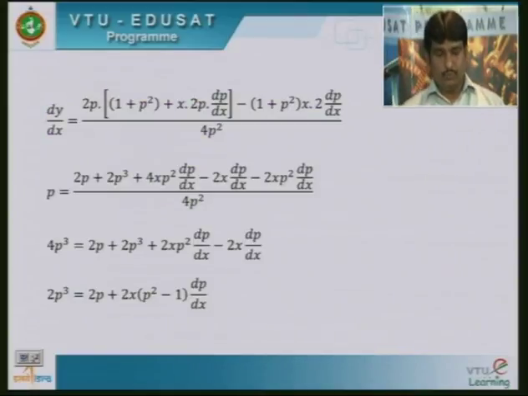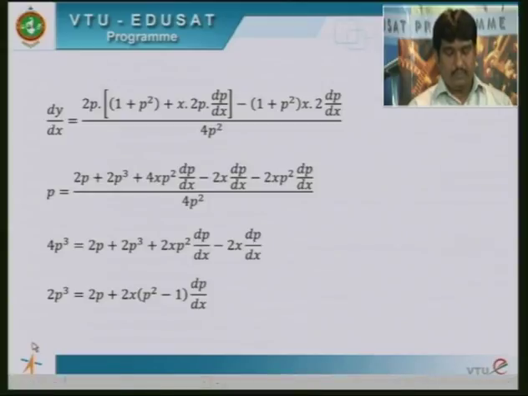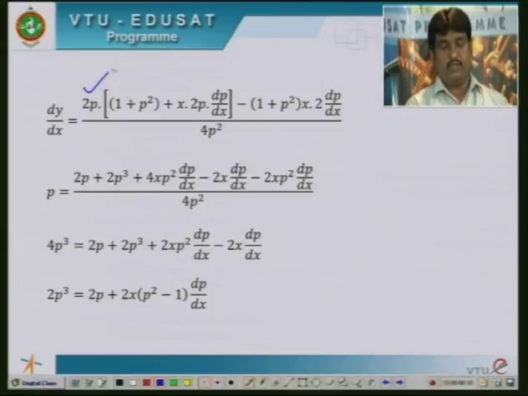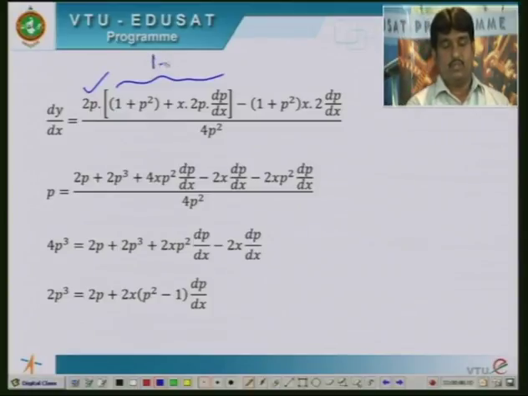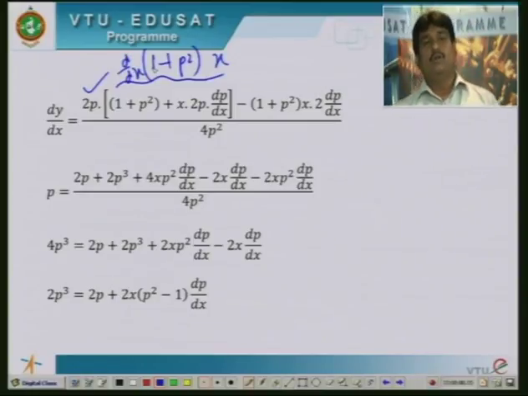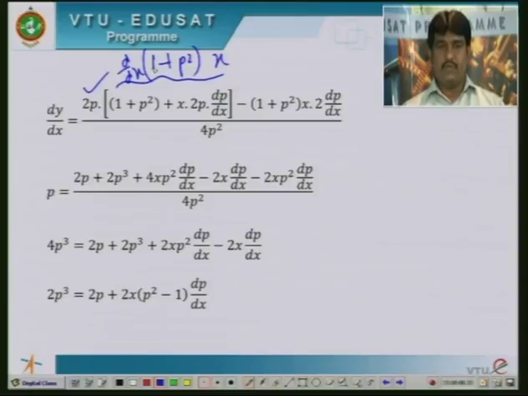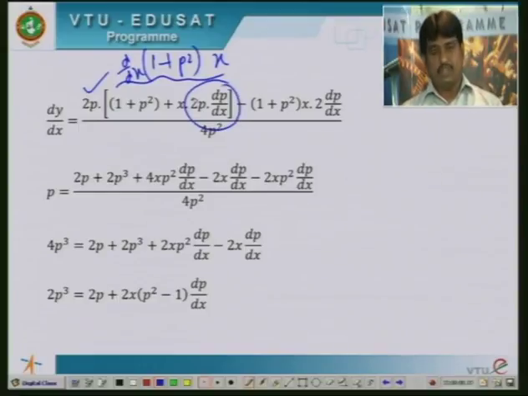dy by dx equals denominator, this 2p is the denominator, into the derivative of 1 plus p square into x with respect to x. First function 1 plus p square as it is, derivative of x is 1, plus second function x as it is, into the derivative of 1 plus p square: derivative of 1 is 0, derivative of p square is 2p times dp by dx.